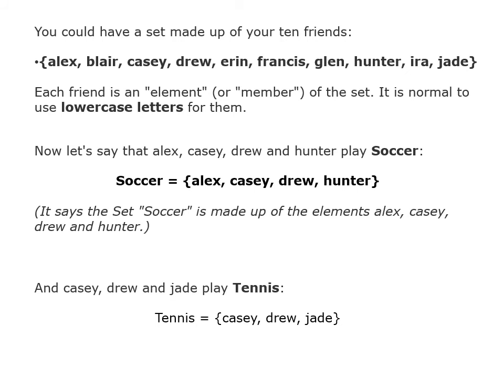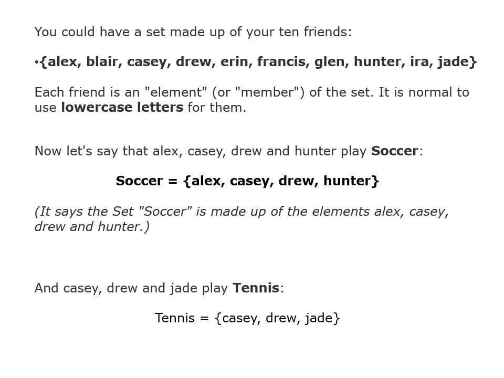Now let's say that Alex, Cassie, Drew, and Hunter play soccer. We write them separated by commas, inside curly braces. It says that the set soccer is made up of the elements Alex, Cassie, Drew, and Hunter.